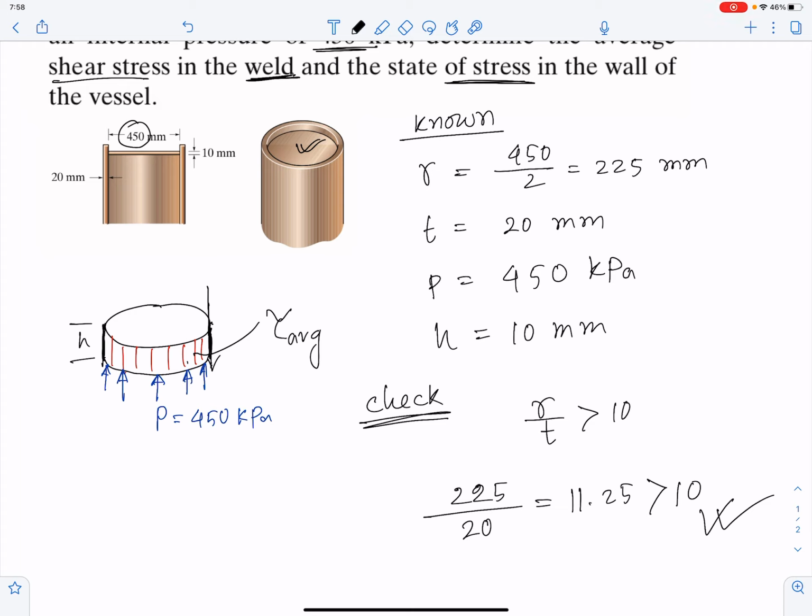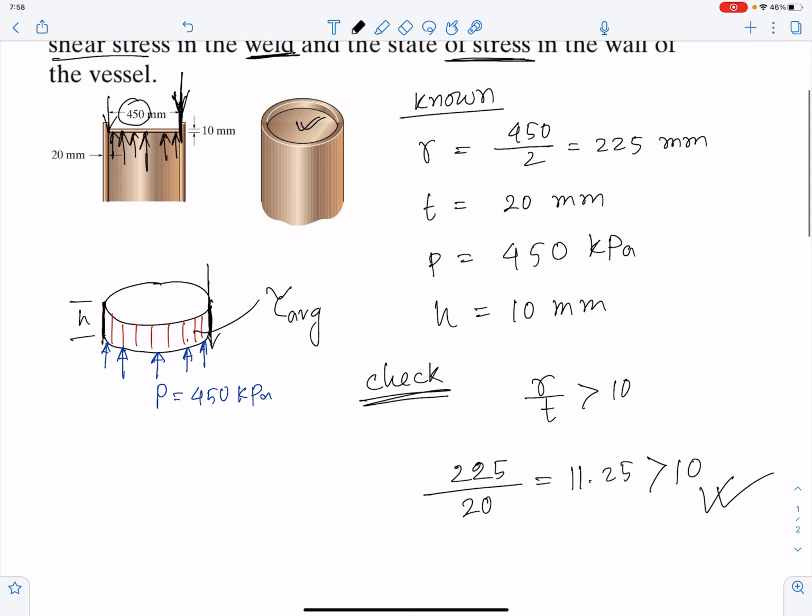And we also see that the pressure is acting outward. Basically, the pressure force is trying to burst this thing, and then the shear force is acting straight downward. So at that interface, the shear force is acting.